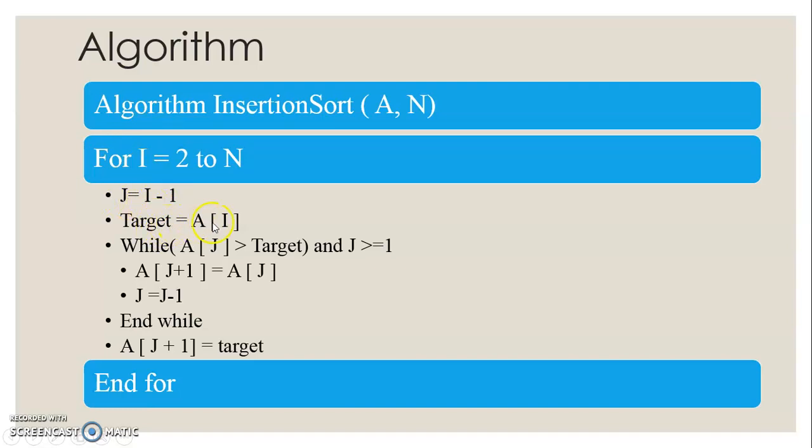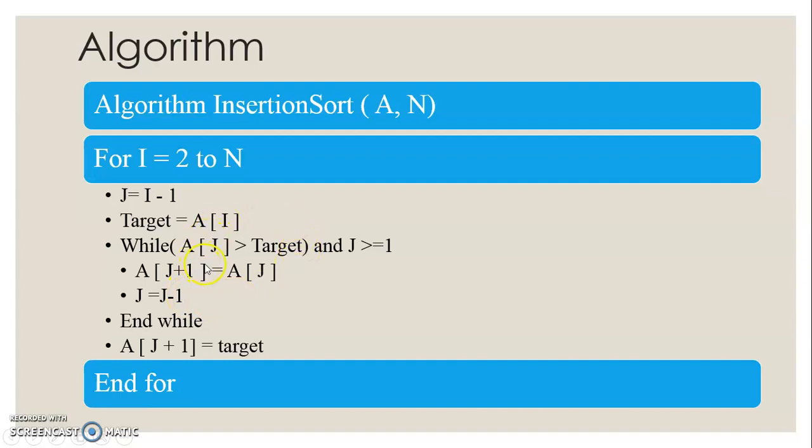Then we take the target to be a of i, because it is the target whose position we want to find out. Now in this while loop, if a of j, the element preceding the target, is more than the target, then we will shift the jth element into the j plus 1 position, and then j is decremented by 1.